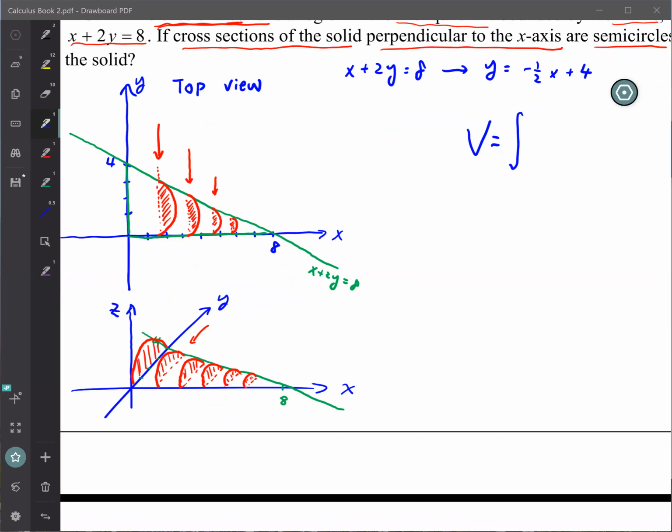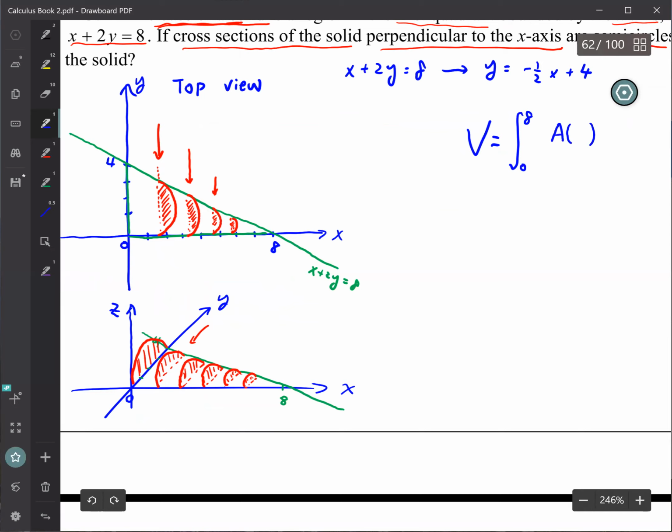Yes, okay. So going from left, the left end is 0, and then the last piece is at 8. So 0 to 8, right? And then the area is talking about the area of the semicircle. And because it's changing depending on the x value, it will be A of x, okay?